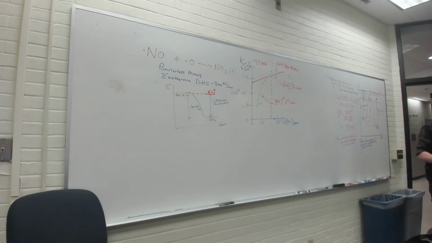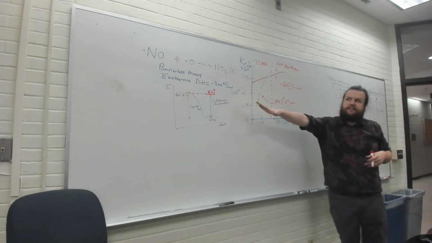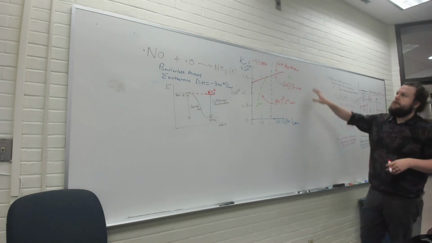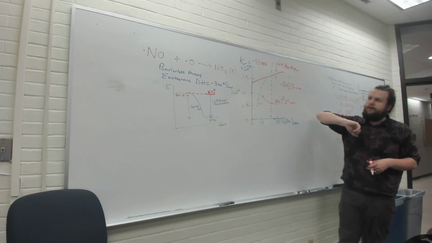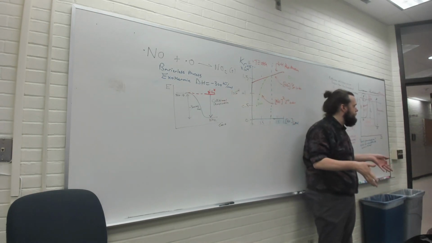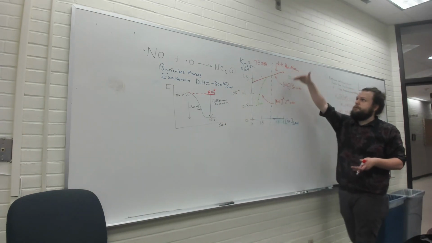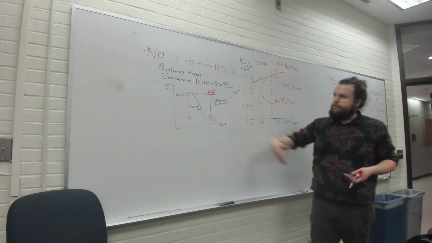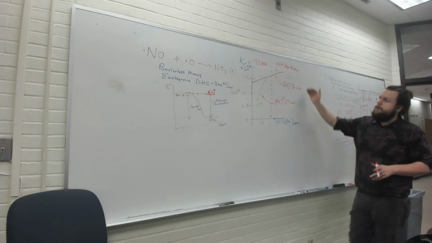Okay, so you can clearly see in the system the effect of how collision stabilizes the system, that you need an extra body. In the presence of many extra bodies to collide with, which is high pressure, every time you make an activated NO2, it's going to find something to collide with and it'll cool to NO2. So you get a linear relationship. Every NO2 star you make is going to find a collision body to transfer energy with.